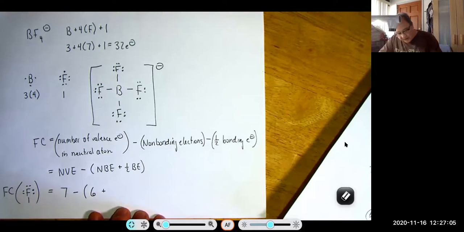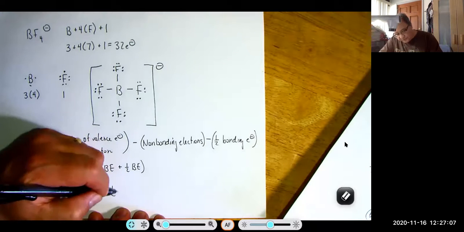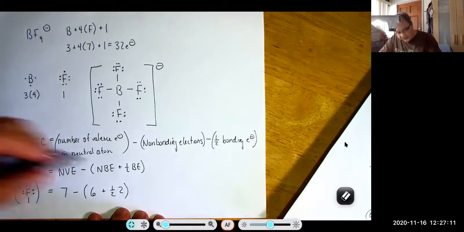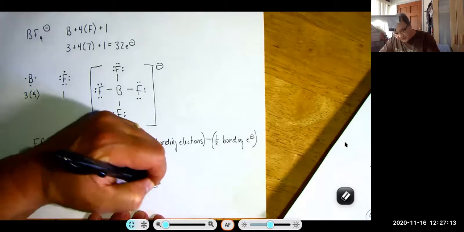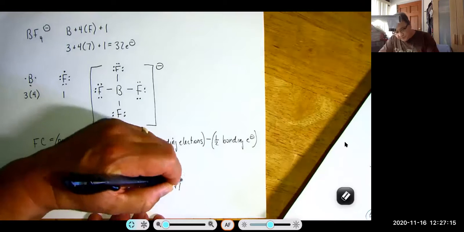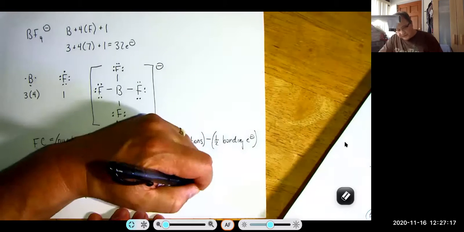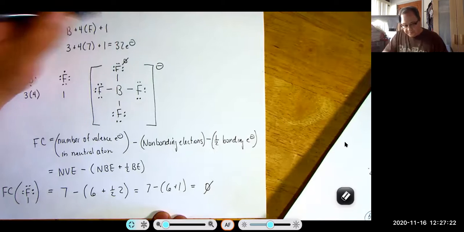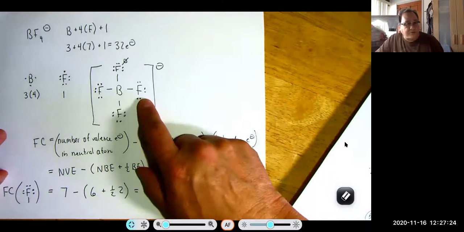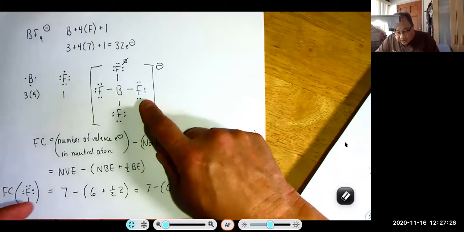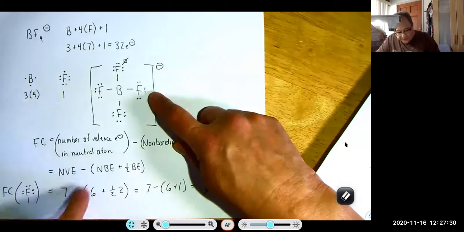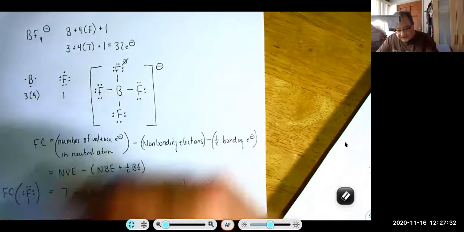How many bonding electrons? 2. So this ends up being 7 minus 6 plus 1, which we can see ends up being 0. So the formal charge on this fluorine is 0. What is the formal charge on this fluorine? Well, it's the same thing. It's got 6 non-bonding electrons. It's got 2 bonding, so it's going to be the same.